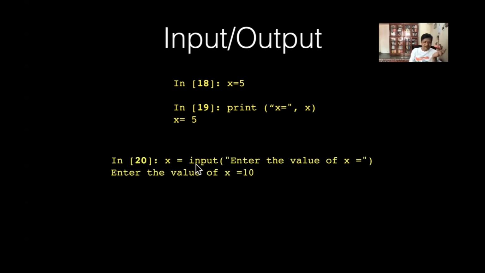Input is as follows. I can put the input like this. If I just do this on my computer, it will come up as "enter the value of x equal to" and stop there. After the equal to, it stops. Then I put some number, say 10. Then it will assign that value to x. If I don't put the x equal to, it will do nothing.